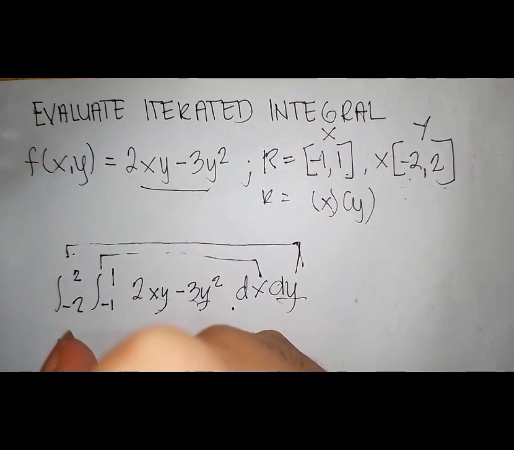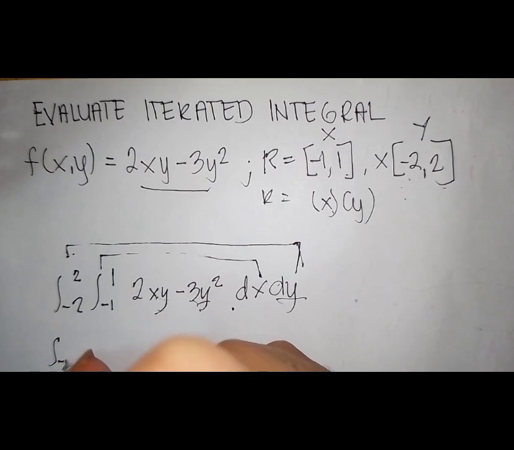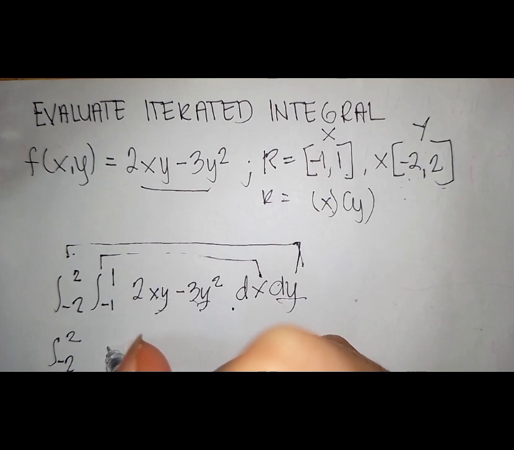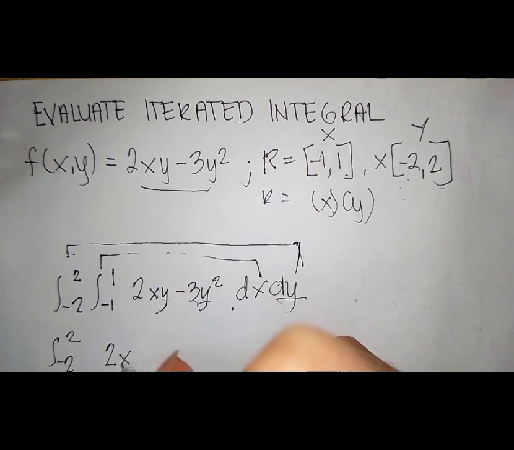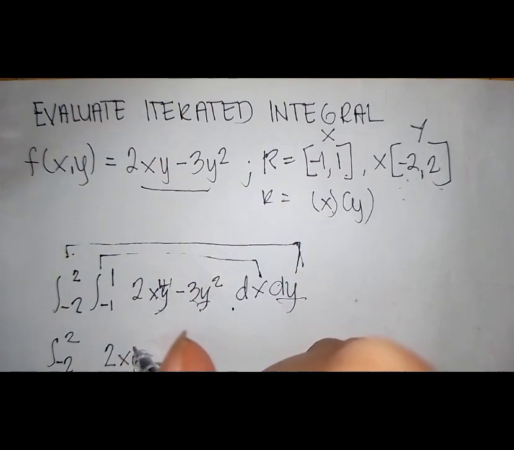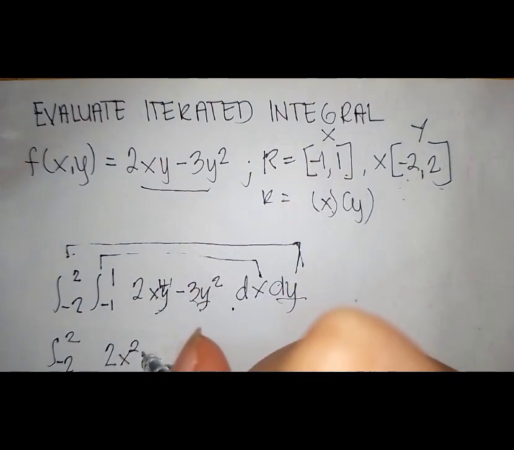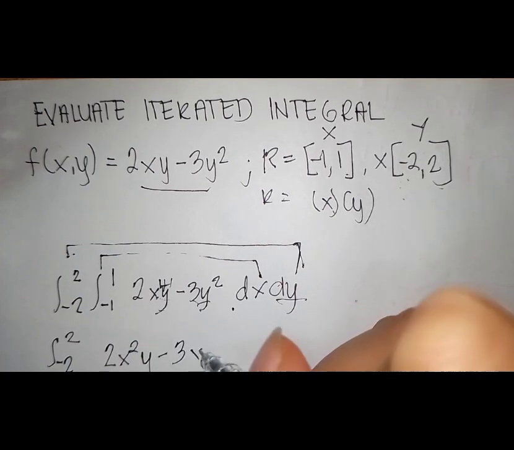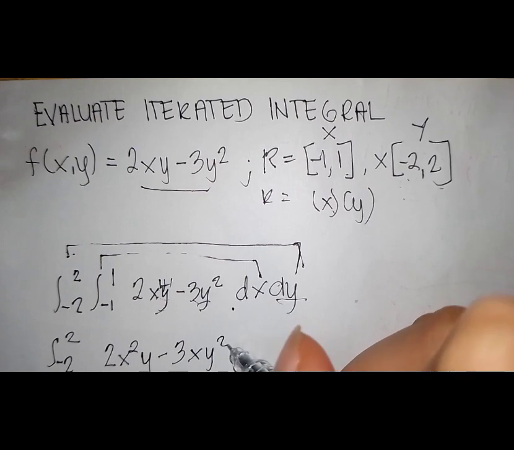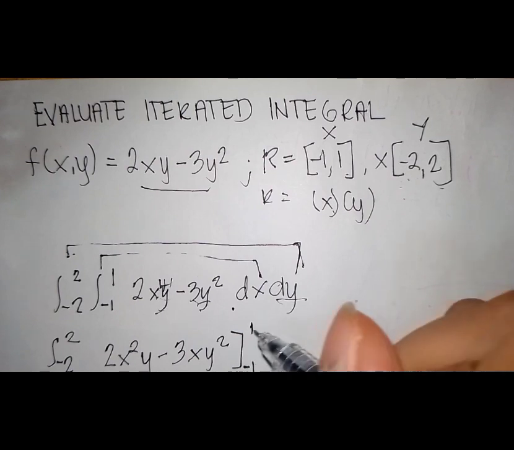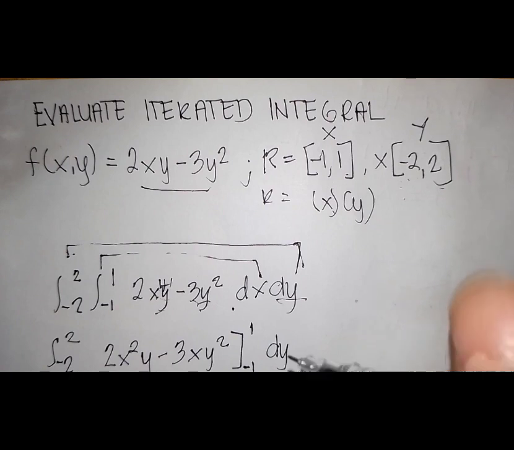So we just copy the integral of negative 2 to 2, and then our function: 2x, since it has the invisible 1 plus 1, becomes x squared, times our constant y, minus 3xy squared, evaluated from negative 1 to 1, dy. After this, we will simplify.